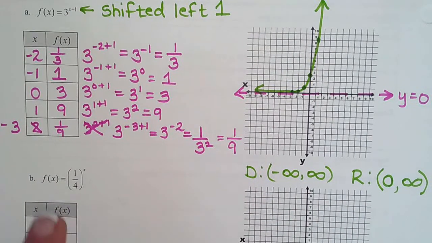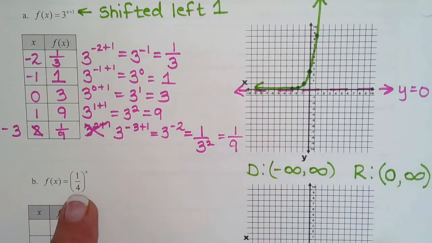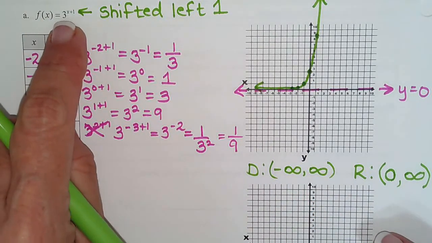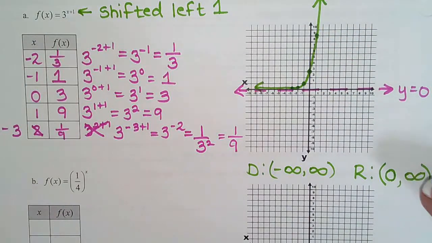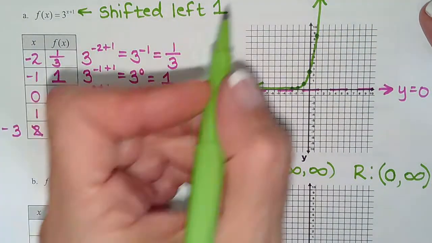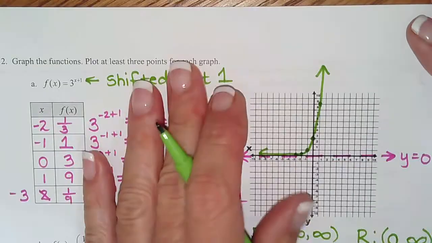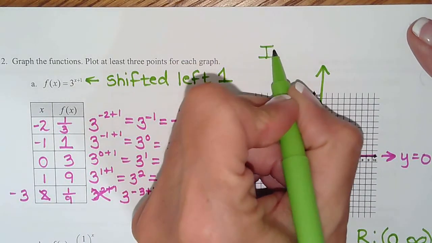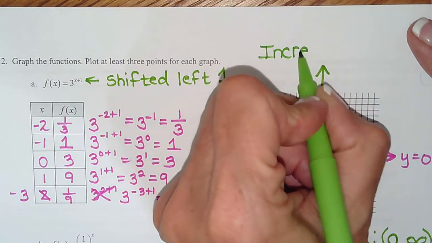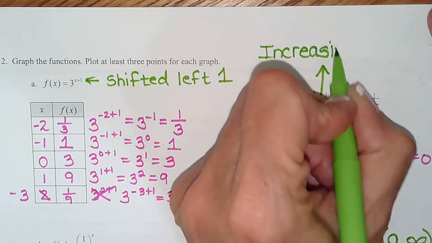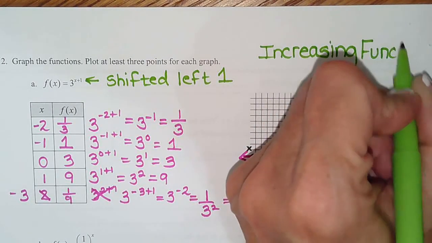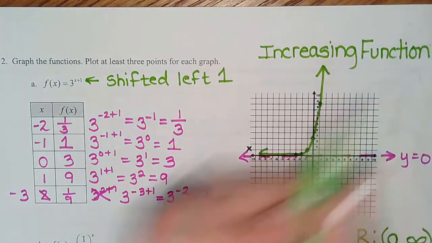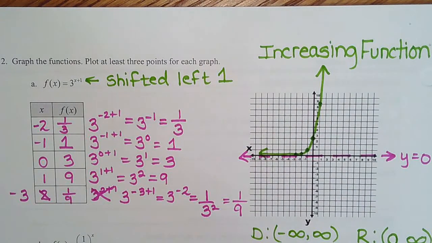But remember how when it's a fraction less than 1, it's going to be a decreasing function, where this base was greater than 1, so it's an increasing function. So let's write that just to practice our vocab. So this is an increasing function because from left to right, like we read a book, it is rising. So increasing function.